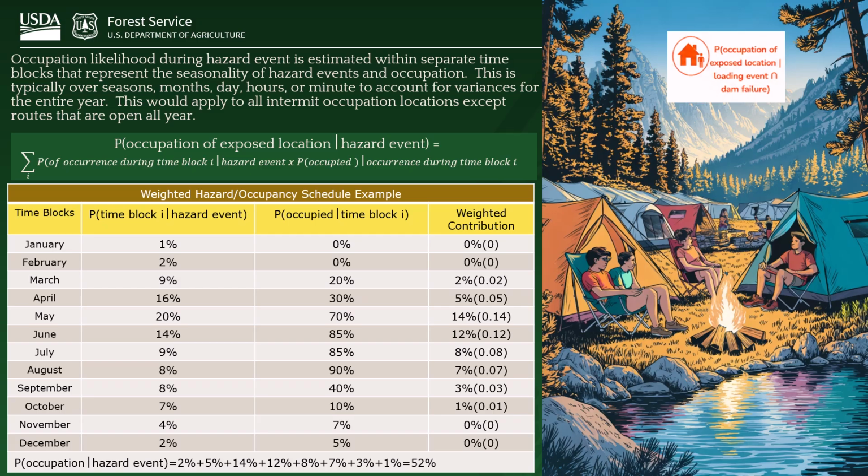Time block share of hazard events estimates the percent of historical events that support annual exceedance probability estimates that occurred within the time block. NOAA Atlas 14 seasonal information can support estimation of likelihood values within time blocks for rainfall events.